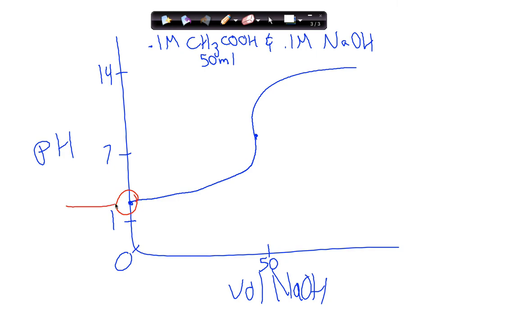So this pH is simply found using an icebox. Is that okay?